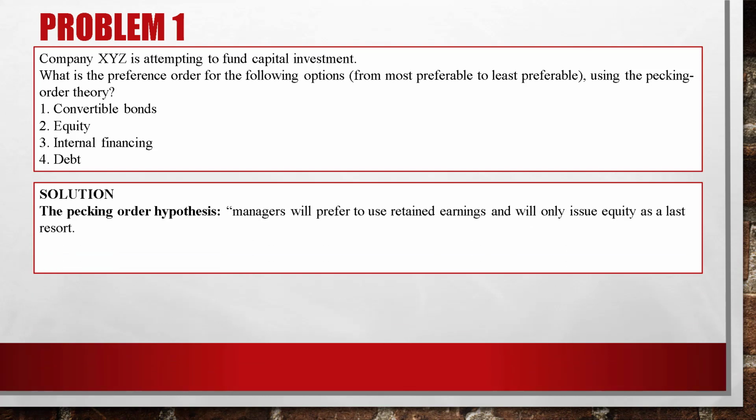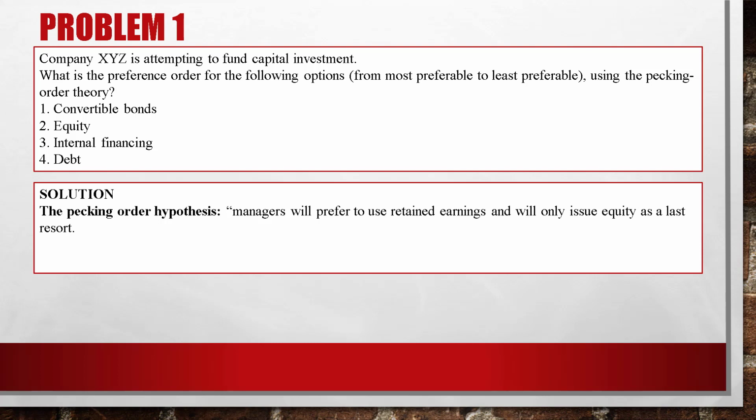The pecking order theory says that managers will prefer to use retained earnings and will only issue equity as the last resort. Which means no matter what the option is, the last option is issuing equity.